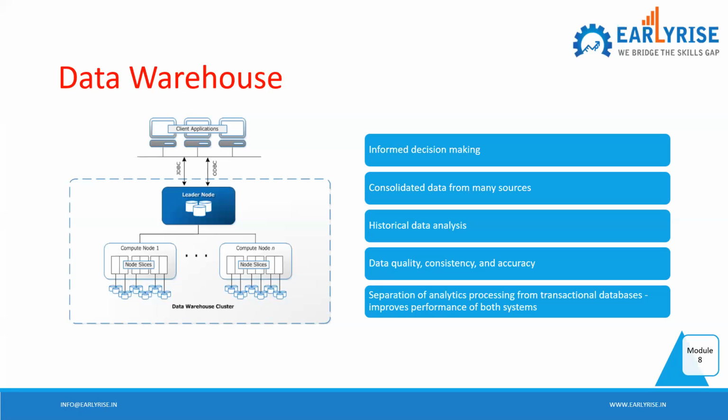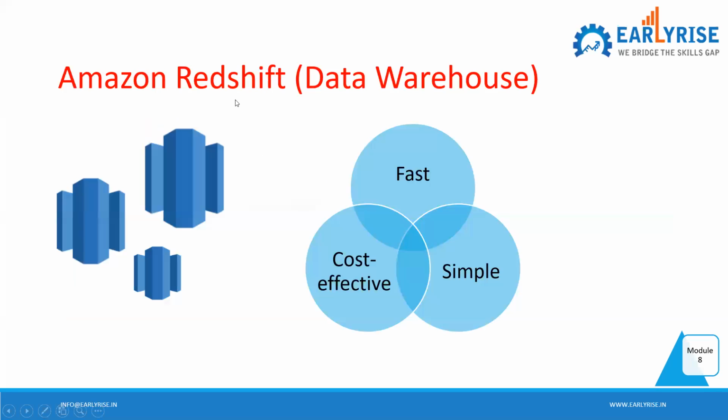We have some options here in Amazon, which also gives that kind of facility. As compared to a traditional warehouse, you can say it is 10 times faster, with 10 times better performance. So Amazon is giving us Redshift, which is a data warehouse from Amazon. You all are with me so far?